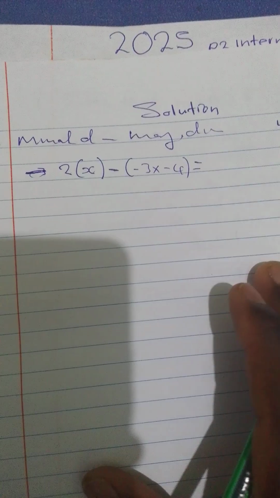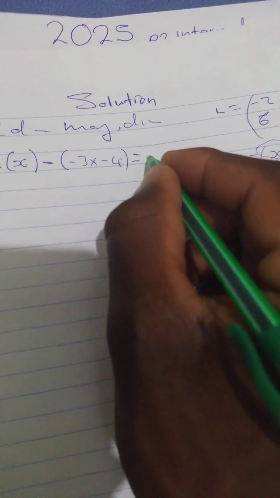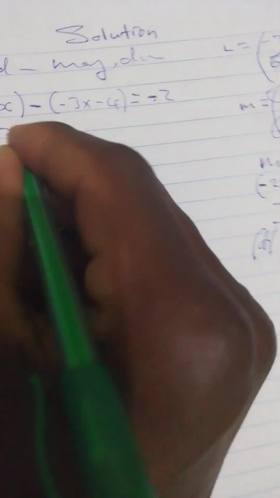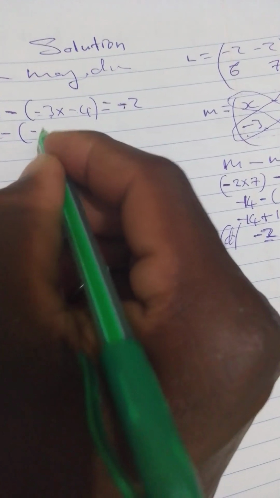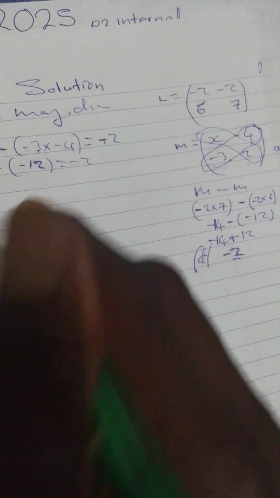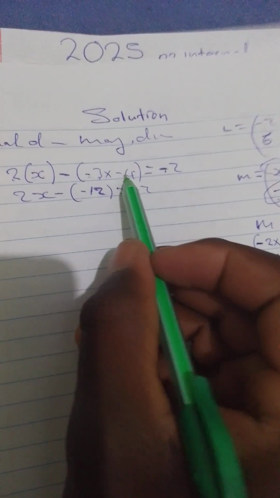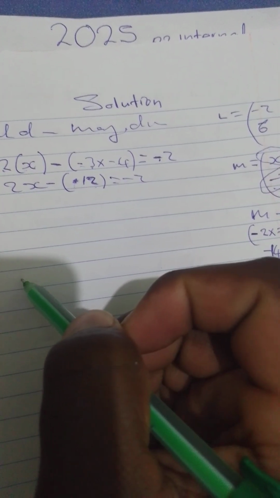So now let's go back to the question to find the value of x. We are going to say it is equal to -2. So we say this multiplied by this, 2x minus, open brackets, -3 times 4, it is -12. Oh sorry, we made a mistake. Negative and negative is positive, so it is going to be a positive 12.